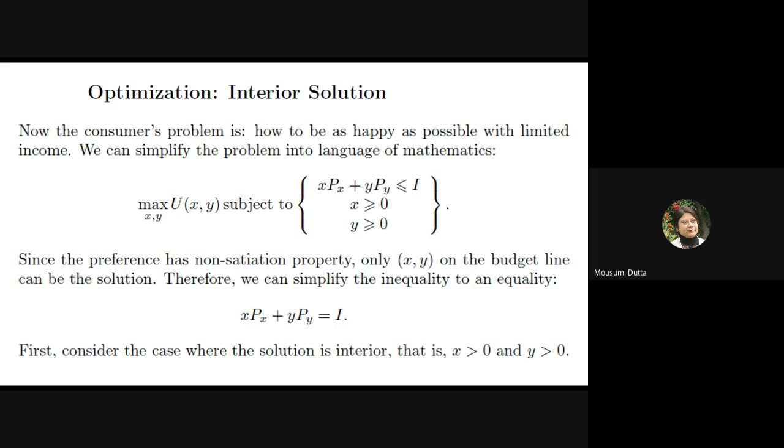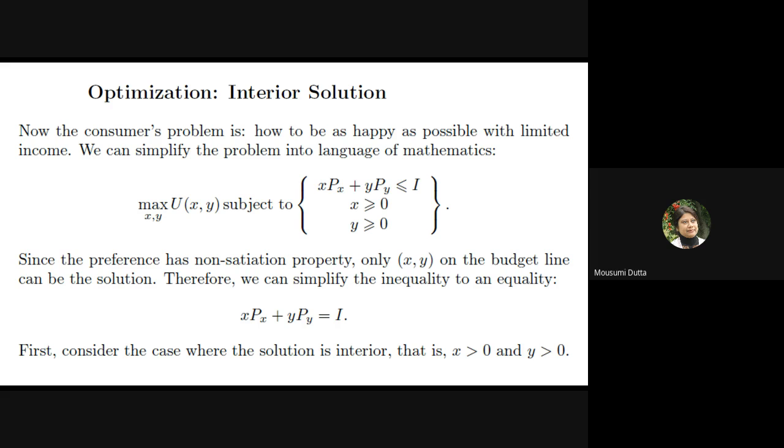Now the consumer's problem is how to be as happy as possible with limited income. We can simplify the problem into the language of mathematics as: max utility, which is a function of x and y, subject to x Px plus y Py less than or equal to I, x greater than or equal to 0, y greater than or equal to 0.